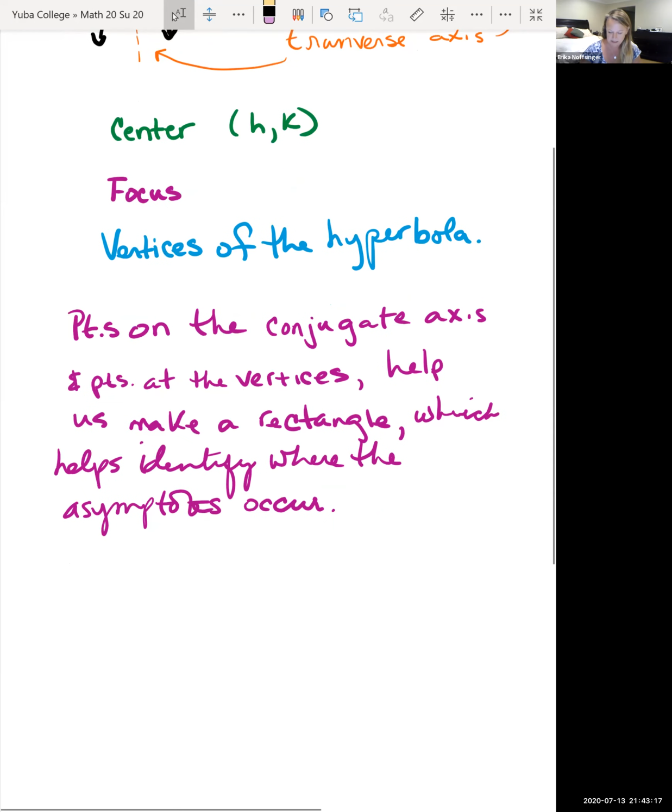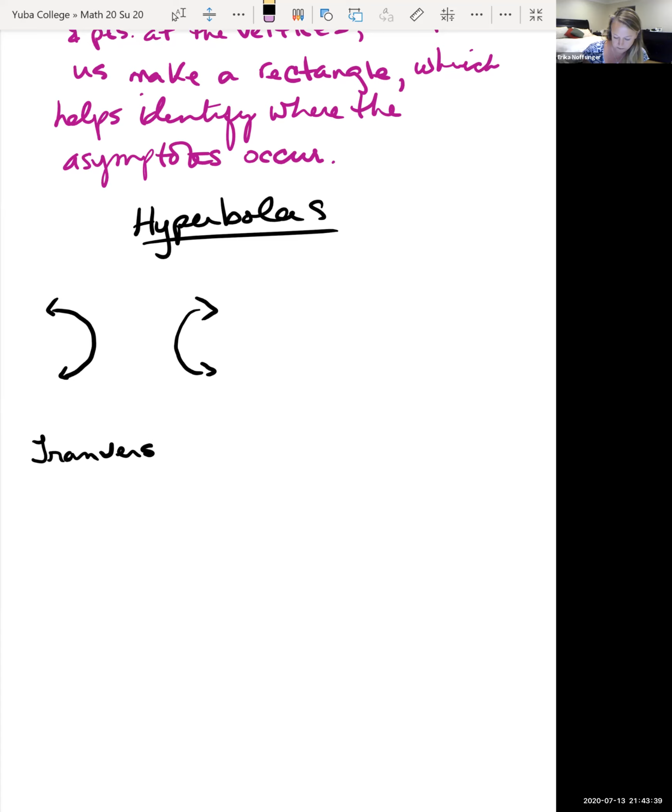So again, it depends on which way we're facing. So for hyperbolas, if it's facing towards, I think of it as facing towards the x-axis, then our transverse axis is parallel to the x-axis.